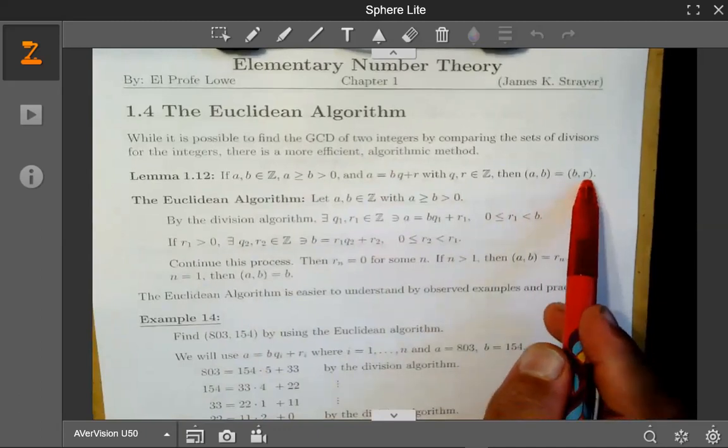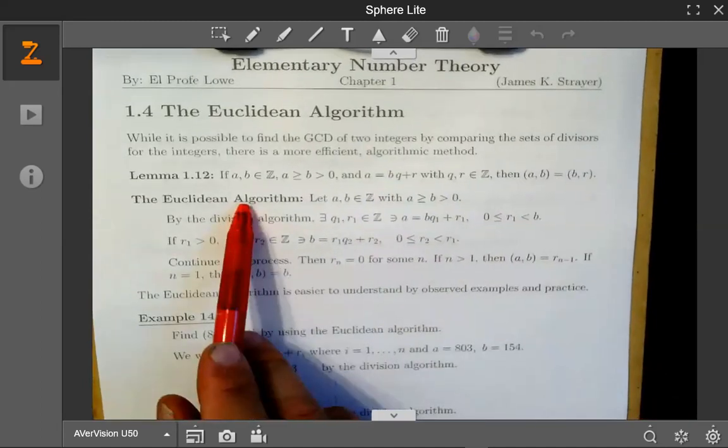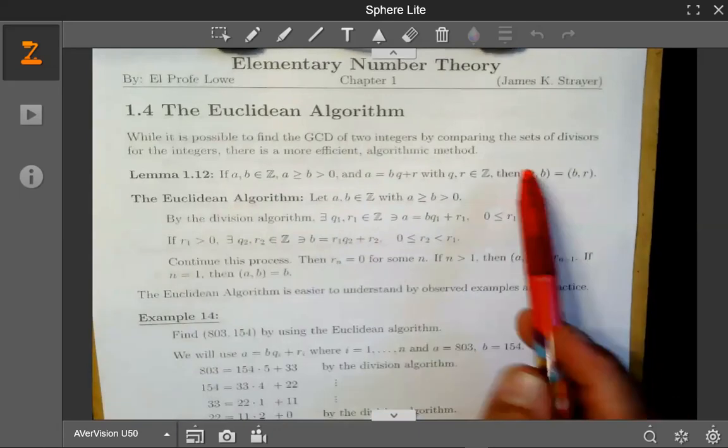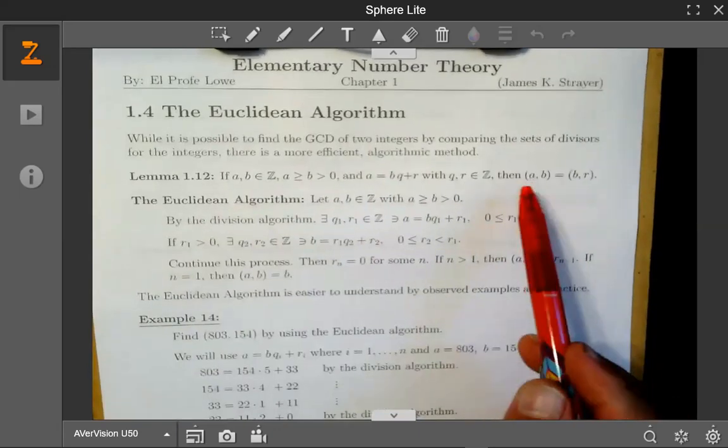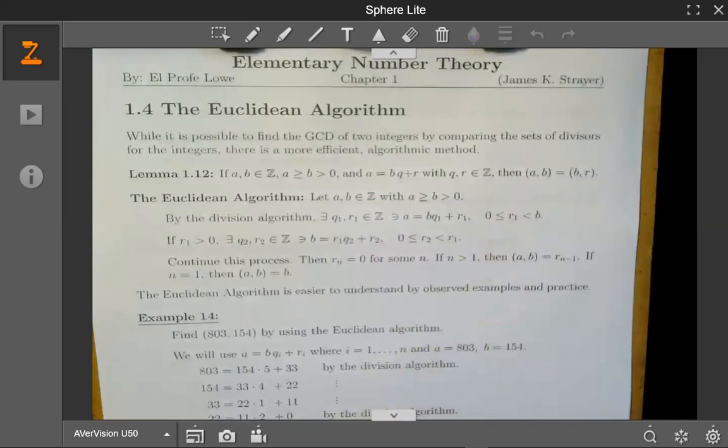Now, the Euclidean algorithm is a set of steps that you can go through to always find the greatest common divisor for two integers. And especially when these integers are fairly large, you don't have to find the sets of divisors first, okay?